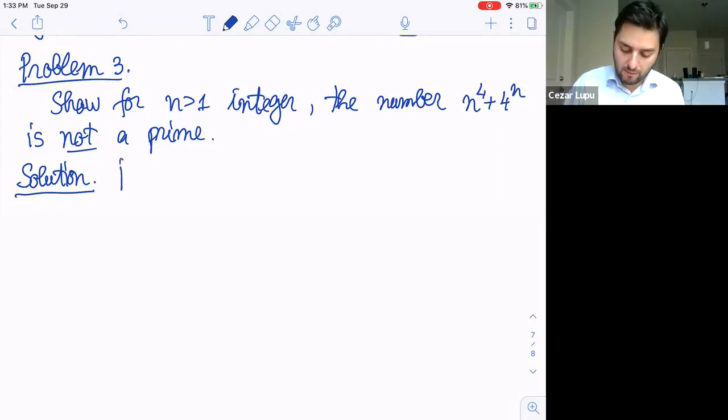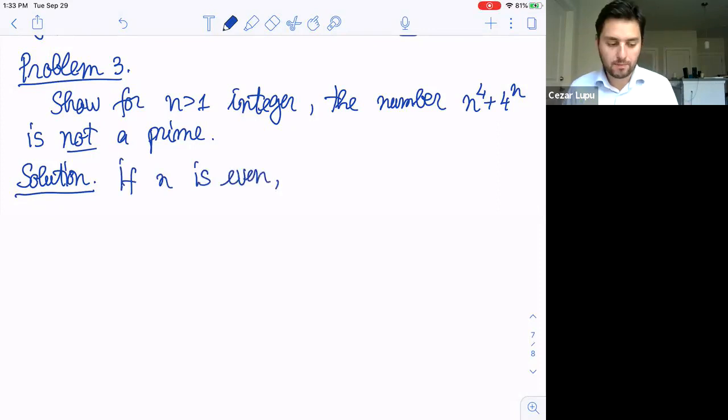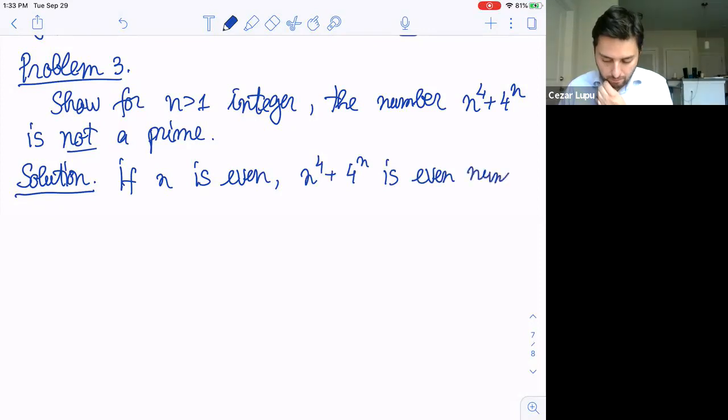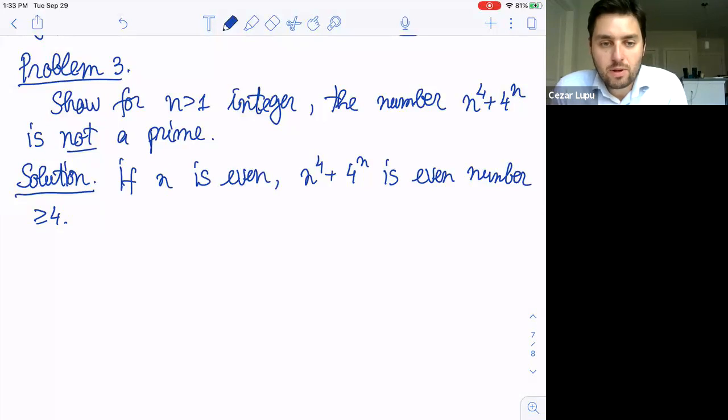Now if n is even, n to the 4th plus 4 to the n is even, that's obvious, and it's an even number greater than or equal to 4. So it cannot be a prime. So that's obvious, right?